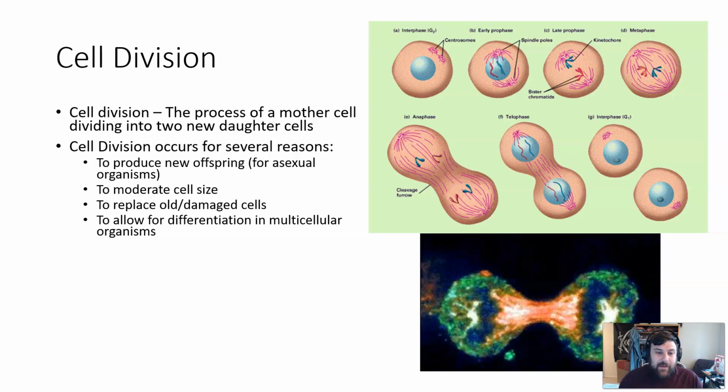And lastly, as I mentioned earlier as well, this allows for the differentiation in multicellular organisms. So anything that is made up of more than one cell, this differentiation occurs to allow for them to become more complex than our single-celled counterparts.